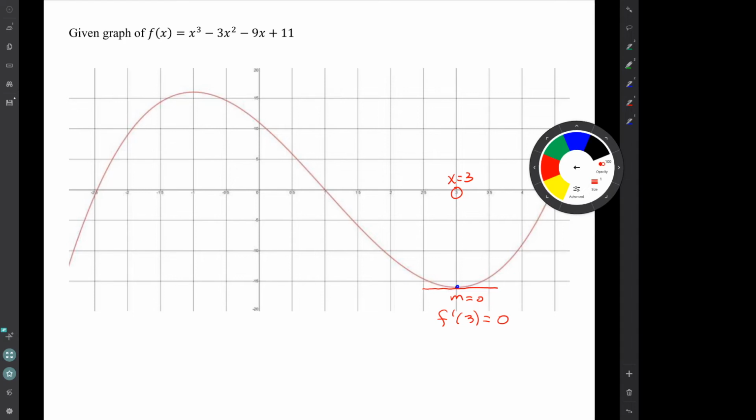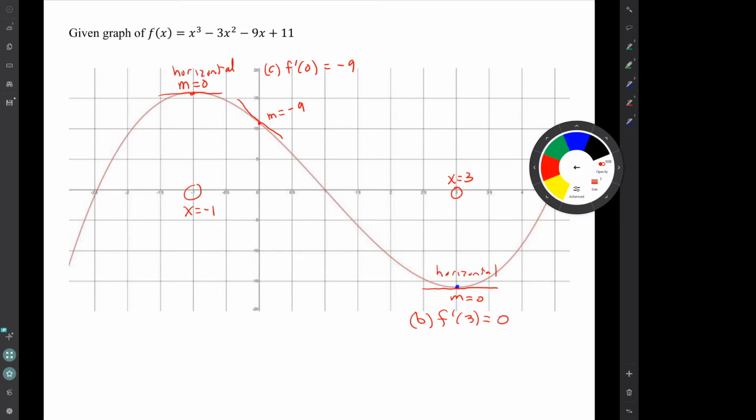So we have to draw that tangent line and label its slope. So that corresponds to the result from C. F prime parentheses 0 is -9. In question D, we found that f prime was equal to 0 at x equals 1 and x equals 3. In other words, those are the places where the tangent line is going to be horizontal. So we illustrate that by drawing in those horizontal tangent lines.